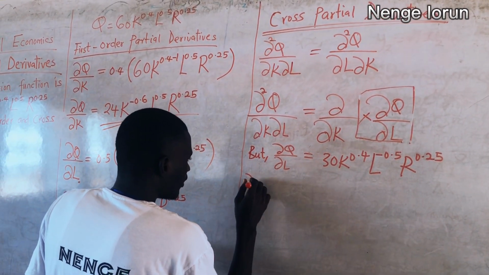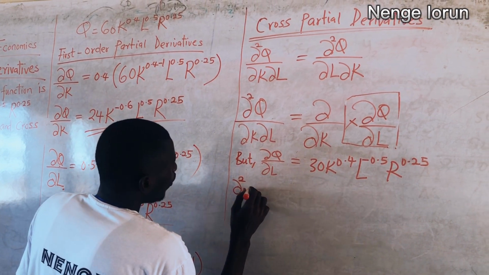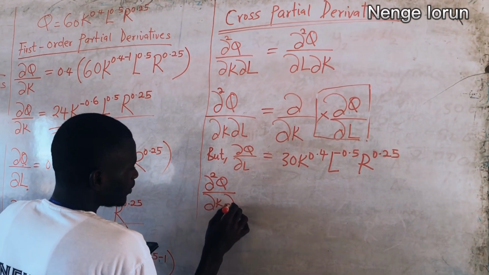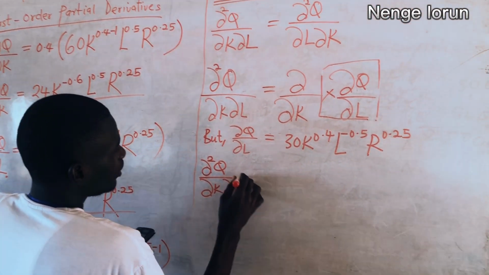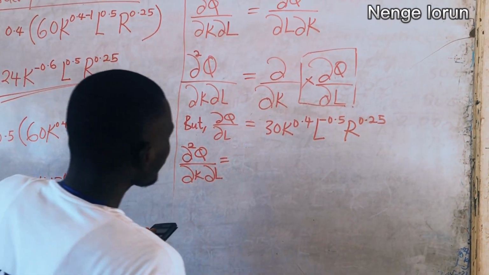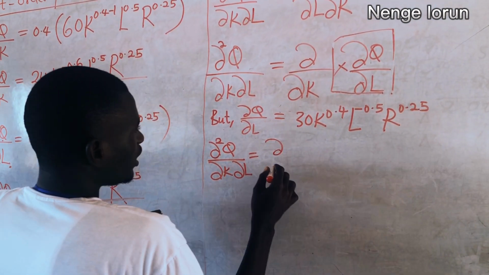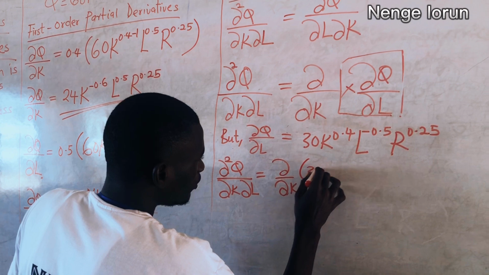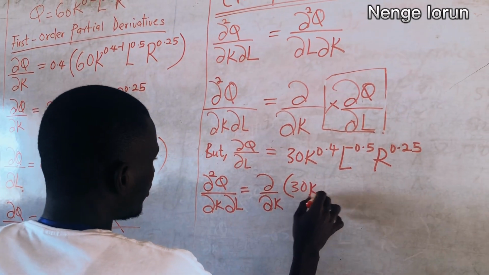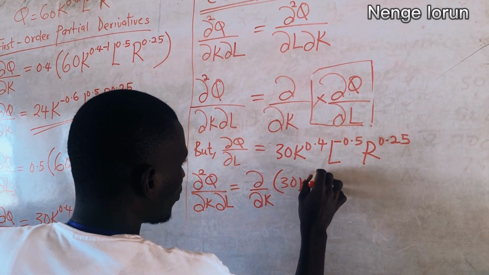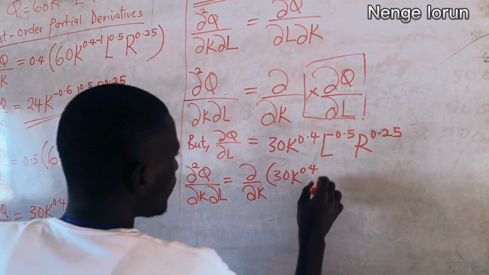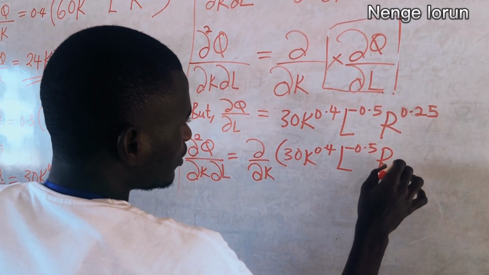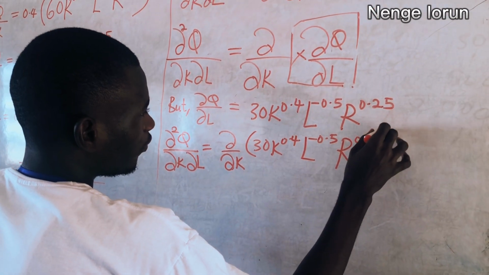So you have the second order derivative of Q with respect to K and L equal to the derivative with respect to K of 30K raised to the power of 0.4, L raised to the power of negative 0.5, R raised to the power of 0.25.